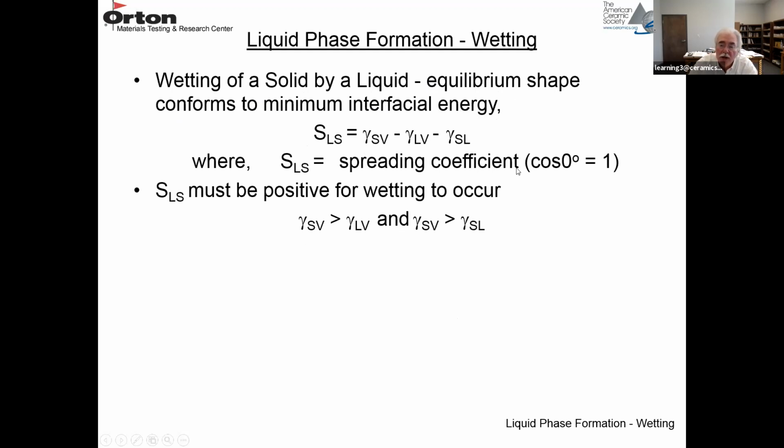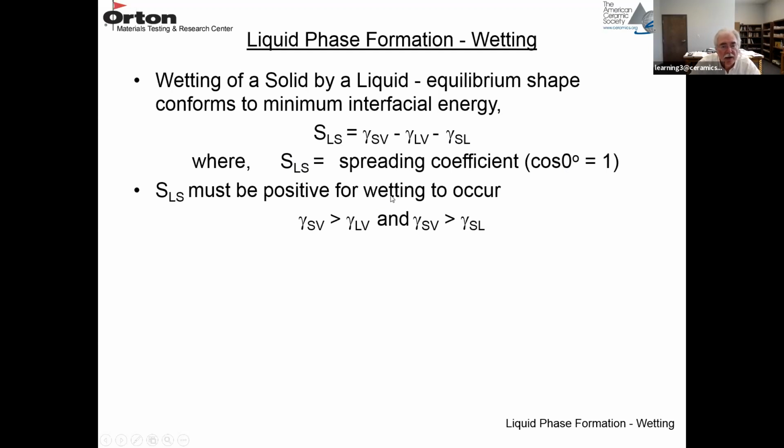So when theta equals 0, the cosine of theta is 1, and you have complete wetting. So just solving the equation, putting in 1 for cosine of theta, you get an equation for S, the spreading coefficient, which equals gamma SV minus gamma LV minus gamma SL.